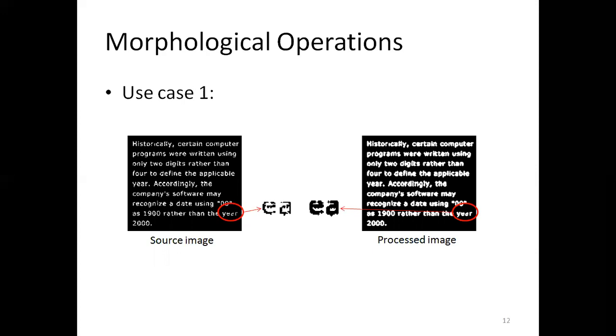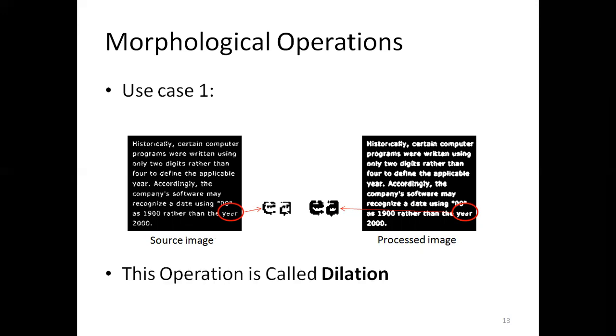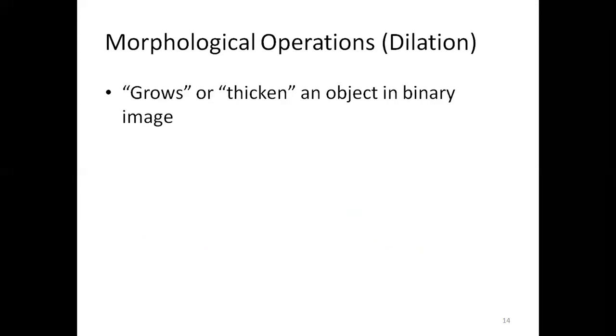Here we can see the foreground part, which is the white portion, and in our case the statements are now bold; they have grown and are more readable. This process of growing the foreground part is called dilation. So dilation means growing or thickening the objects in a binary image.